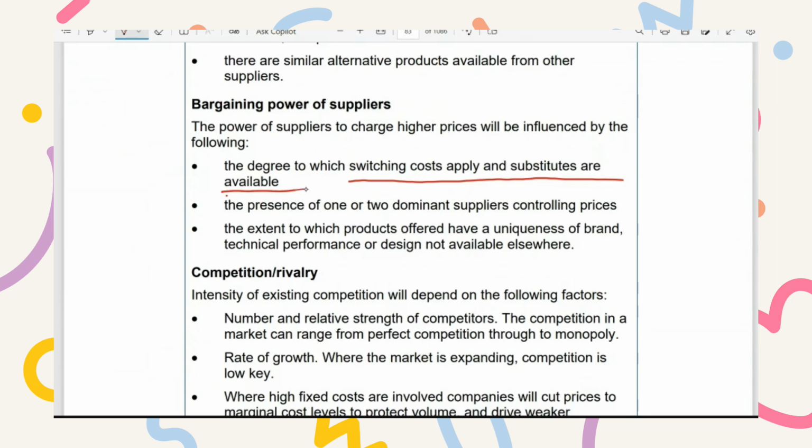So how authoritative suppliers are, and the degree to which switching costs apply and substitutes are available. If you have started a business and you have a supplier of only one product, and he imports material from another country, maybe he has a strong power to influence your purchase decision.